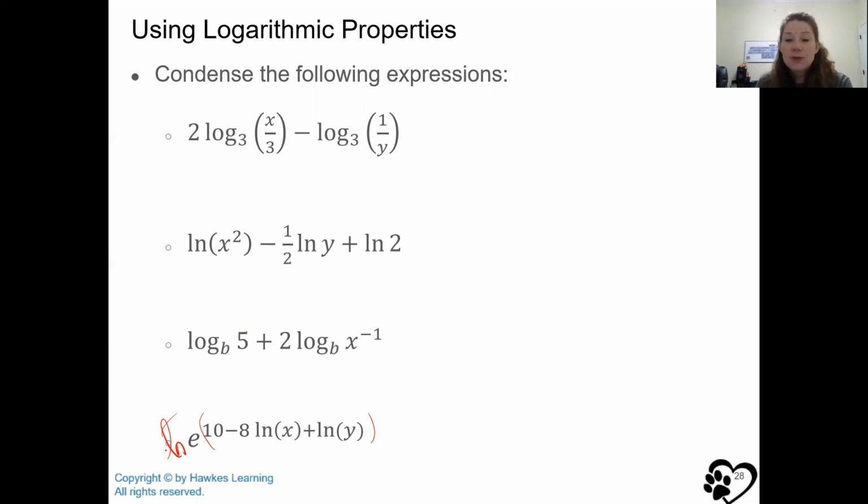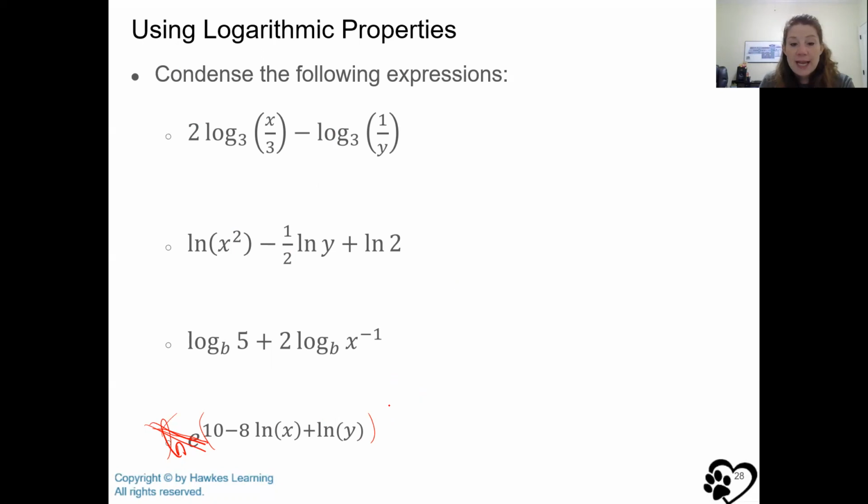Well, anytime you see the ln of e, that's always equal to 1. So basically the ln of e, they cancel each other out, and we get to drop the exponent as a whole number or a whole expression. So basically that just gets dropped because we found the ln of e, which equals 1.